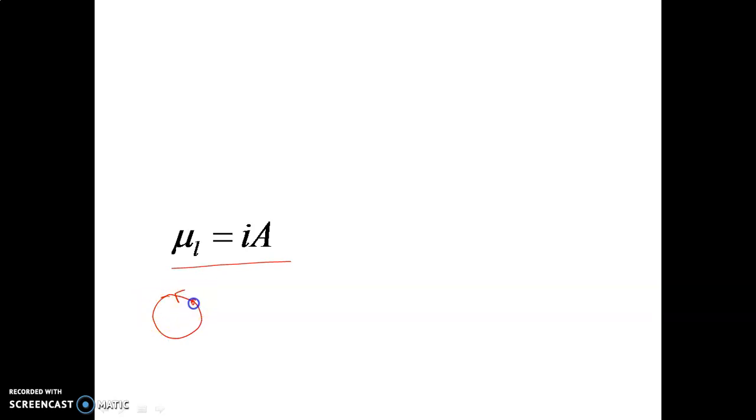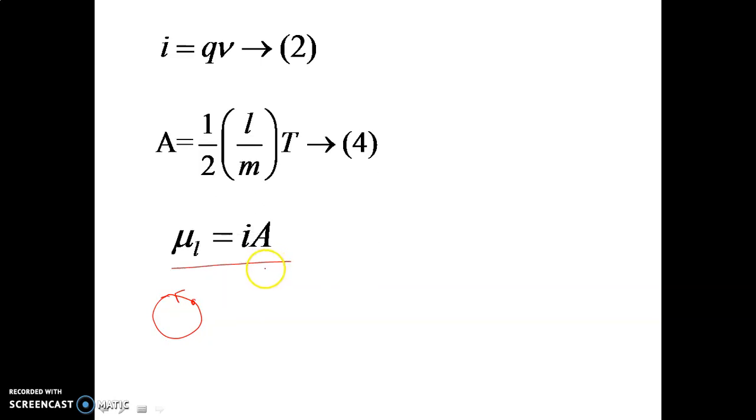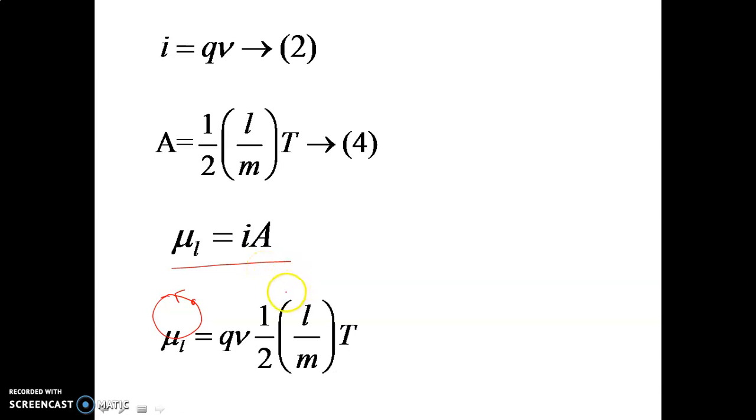Now let's talk about a particle which is moving in its orbit like this. So its orbital angular momentum is L, and so we have mu L is equal to IA, where I is Q nu and A is this much. So when I use 2 and 4, then we get mu L is equal to this much. We have substituted the values of I and A, and we got this.